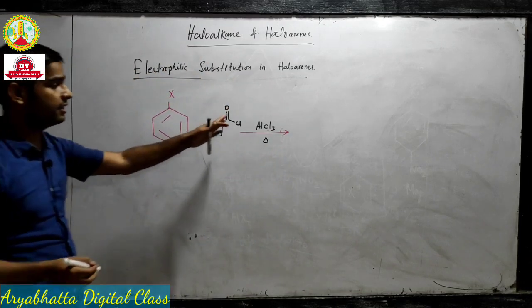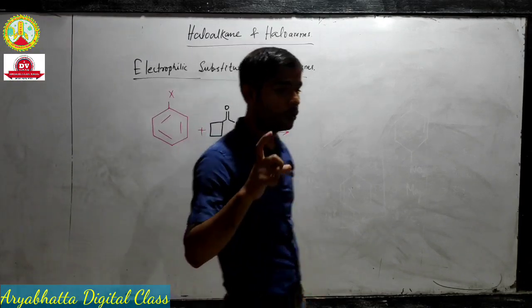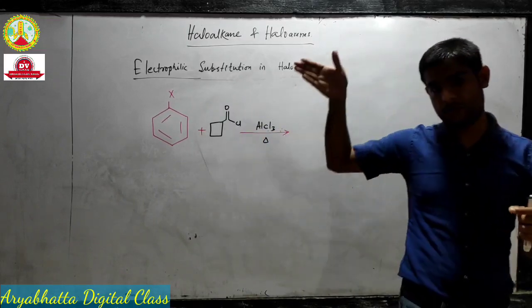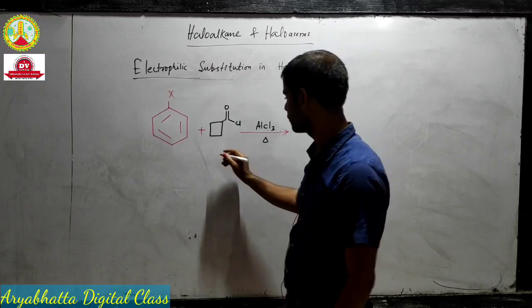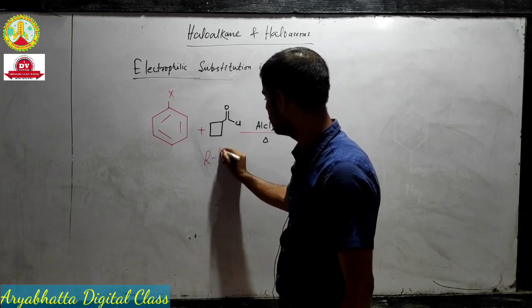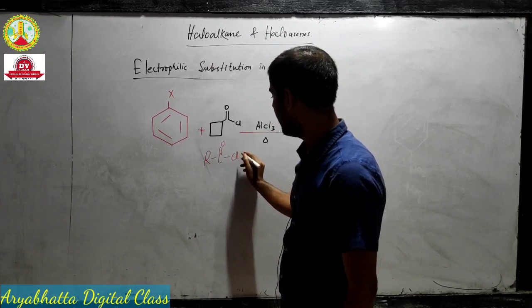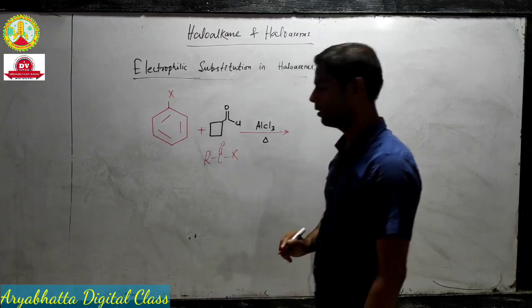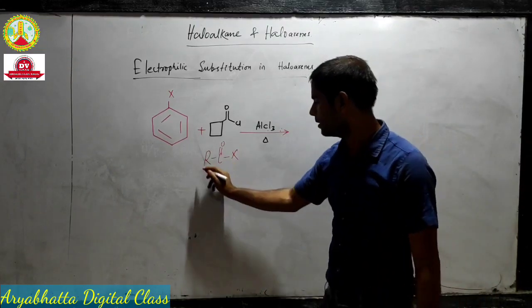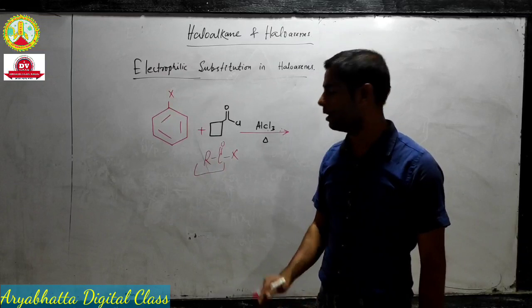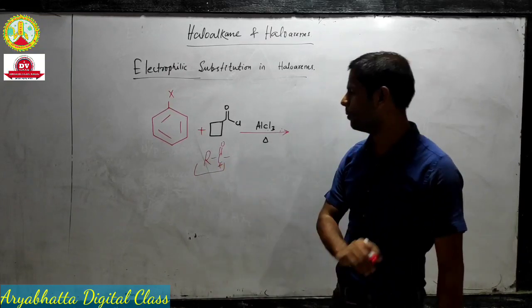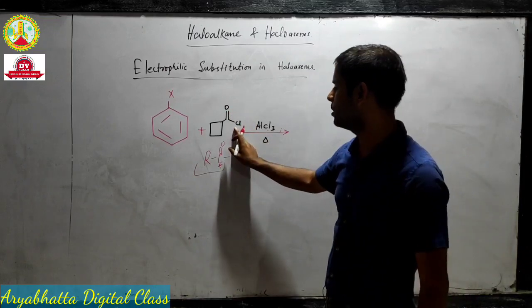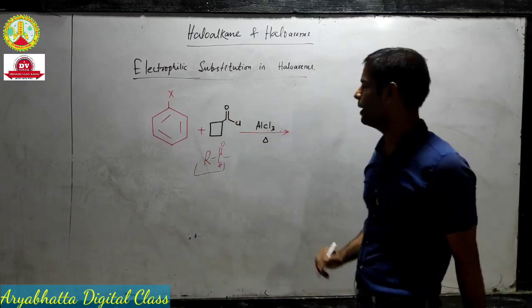Okay, it is similar to, now try to compare from the list that I gave you. It looks like RCOX. Okay, and when we have this reagent, this part is the electrophile. Removing X will give you the electrophile part. So here just remove the chlorine and you will get the electrophile part.